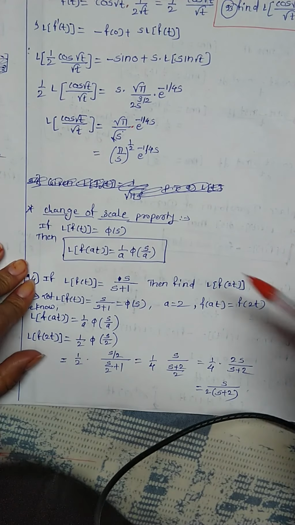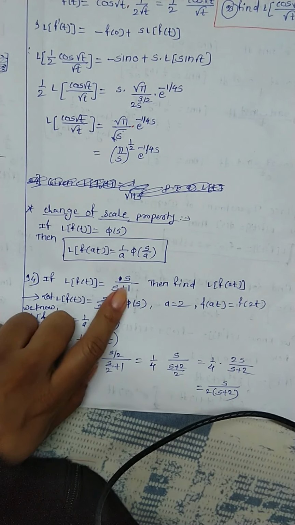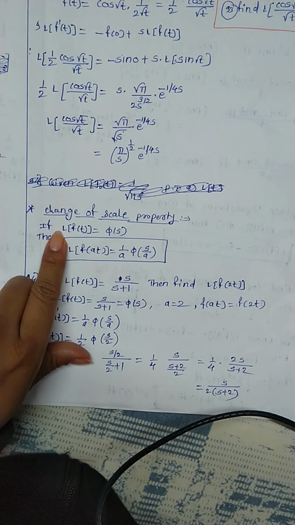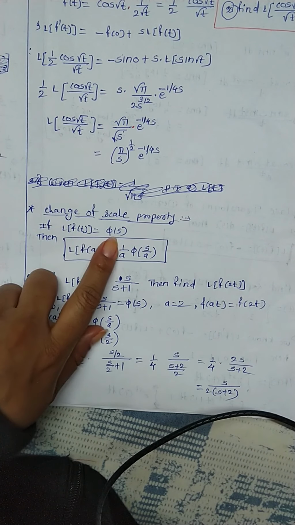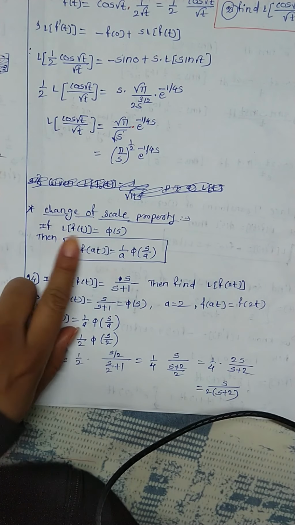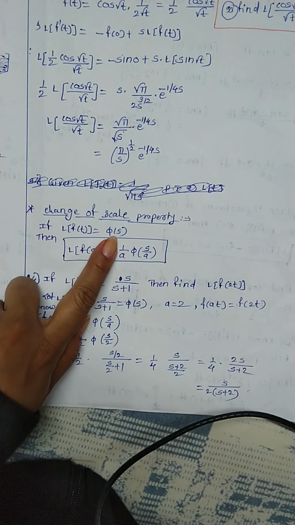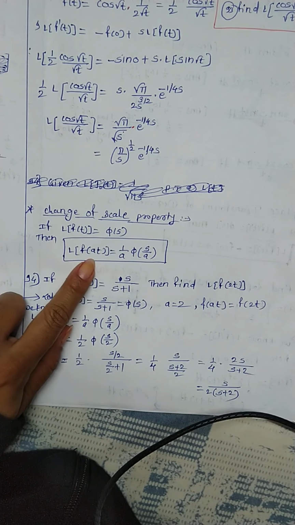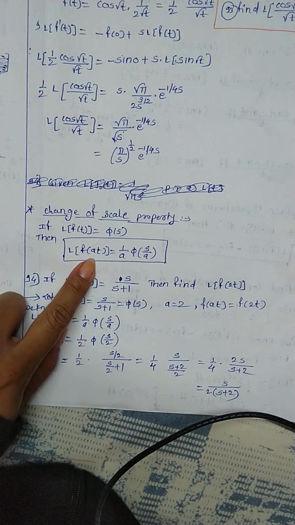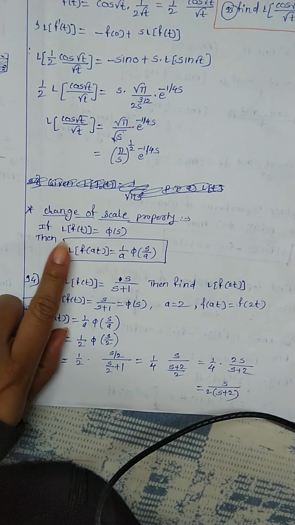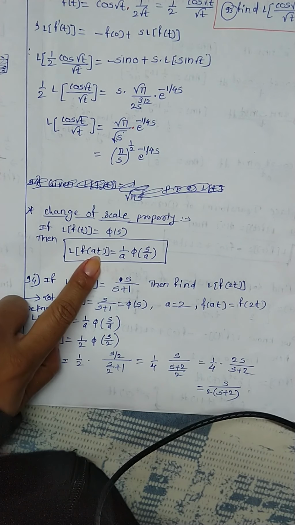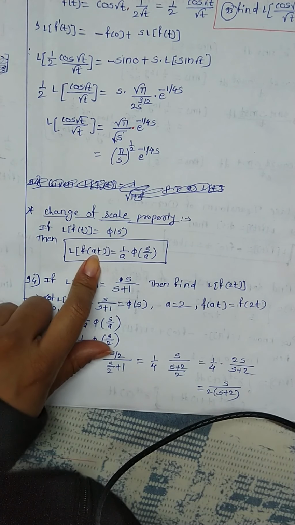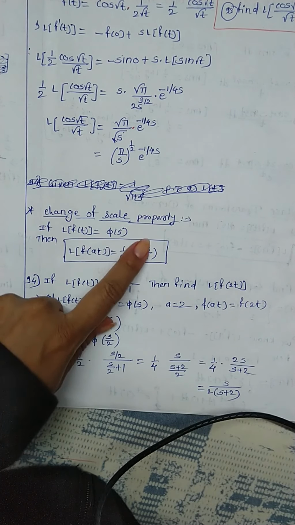If L of f of t is equal to phi of s, this is our original assumption for every property, then the Laplace transform of f of at, where f of t is there and we are going to find f of at, this is the change of scale property. What is the answer for that? 1 upon a phi of s upon a.